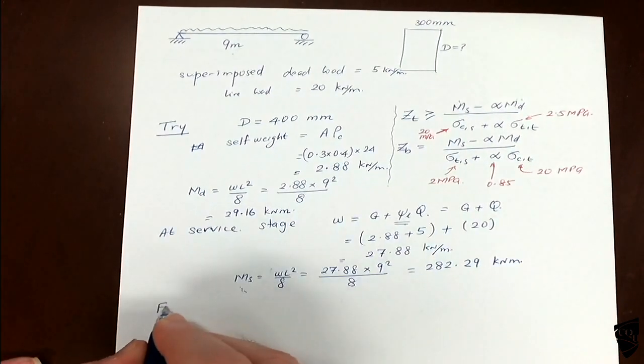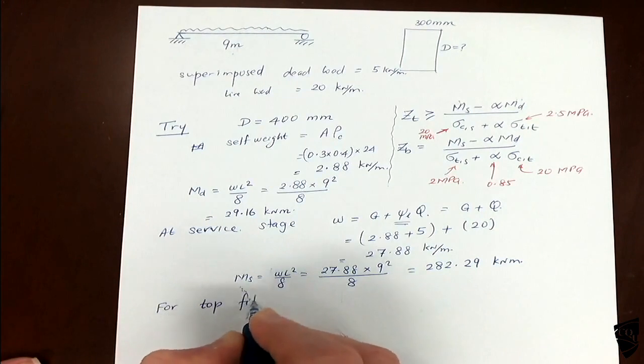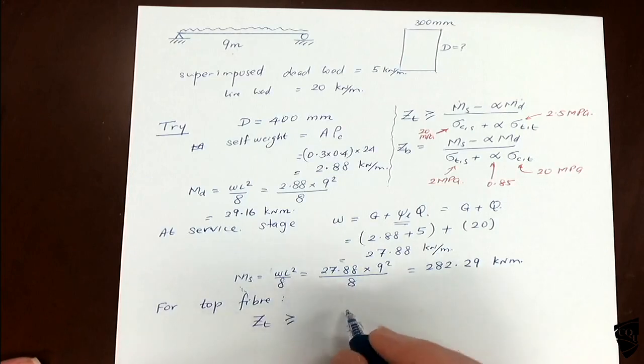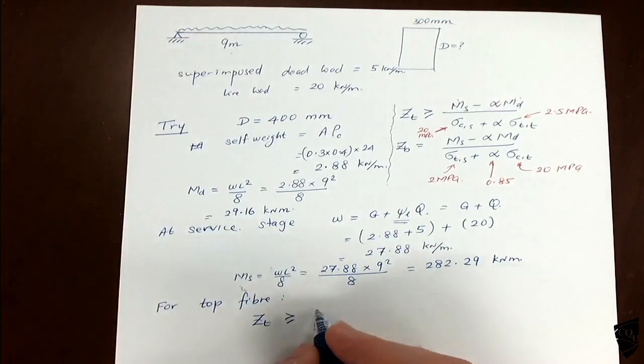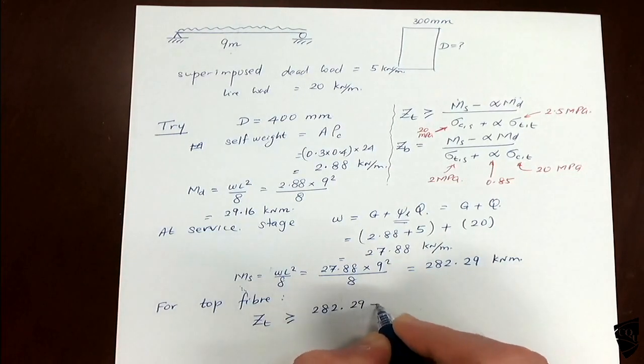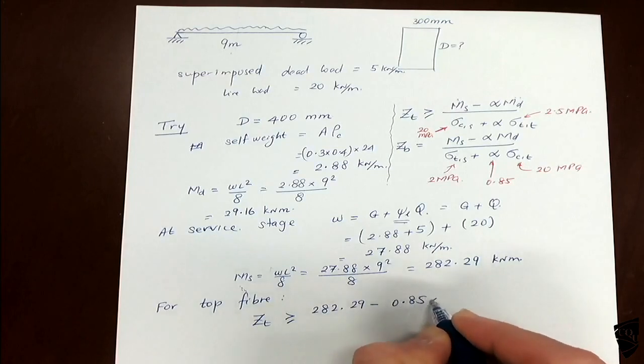For top fiber, ZT should be larger than MS minus alpha times MD, divided by the stress limit.